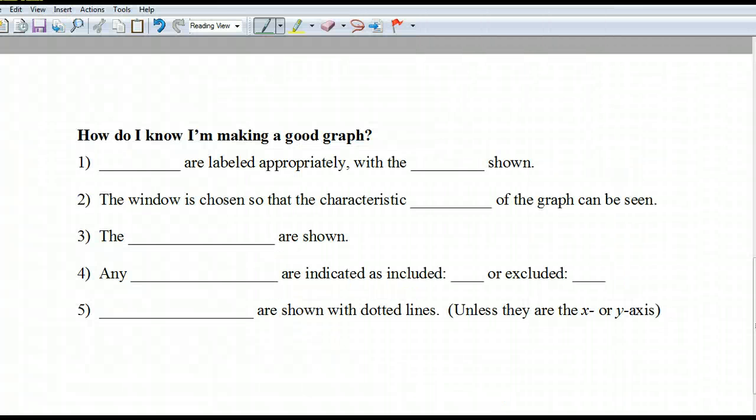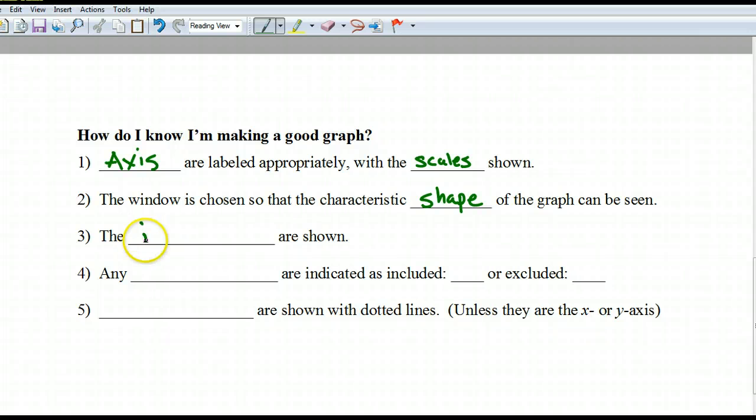How do I know I'm making a good graph? Well, the following things are important. The axes are labeled appropriately with the scale shown. The window is chosen so that the characteristic shape of the graph can be seen.